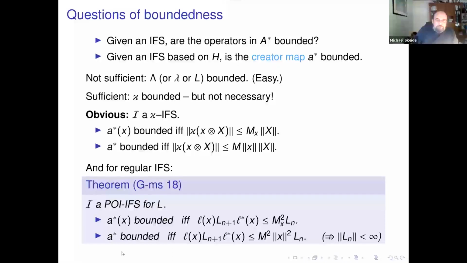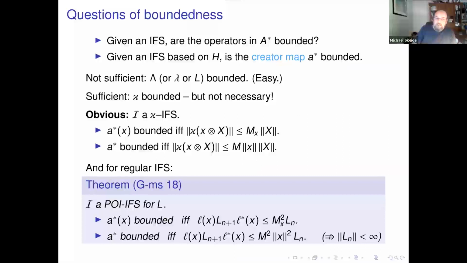In the regular case, we can see what these conditions mean for the L, and we get this. These are inequalities of unbounded operators. And indeed, the Ln can be unbounded and still give rise to bounded operators. So this boundedness is neither sufficient nor necessary.